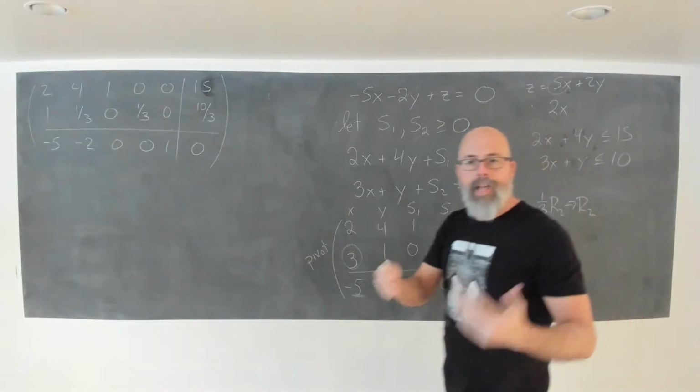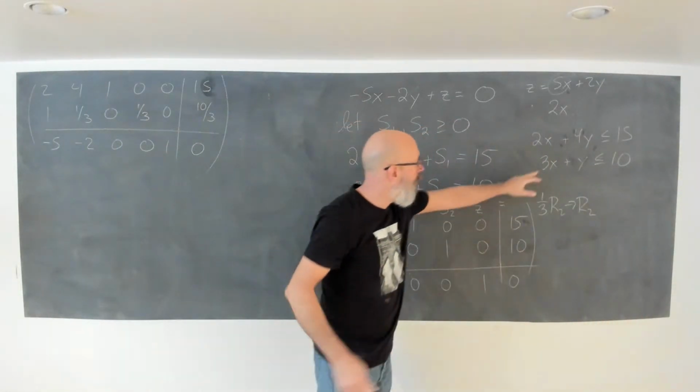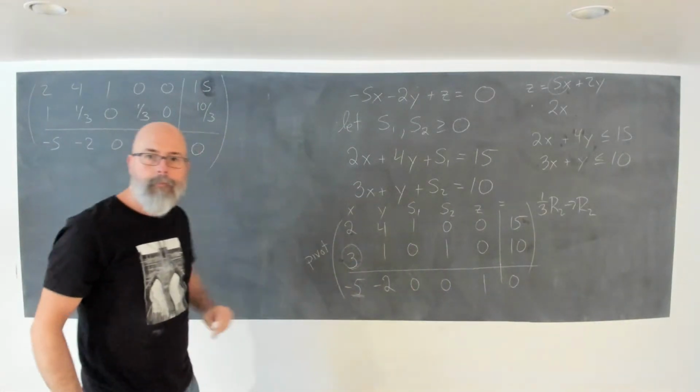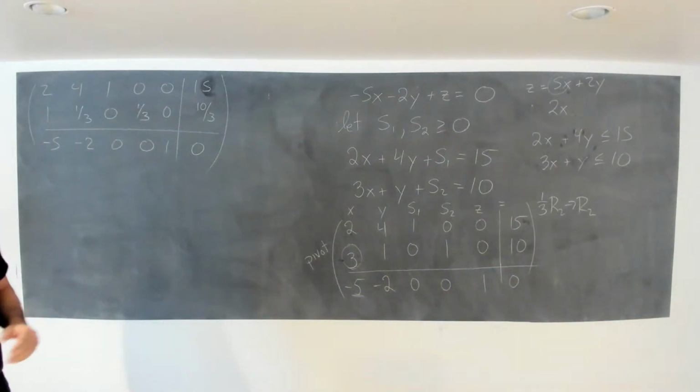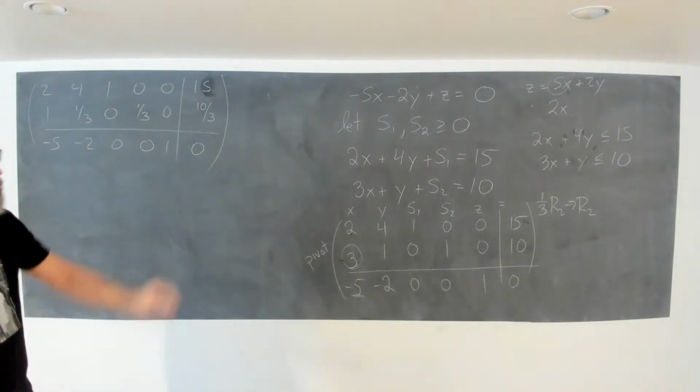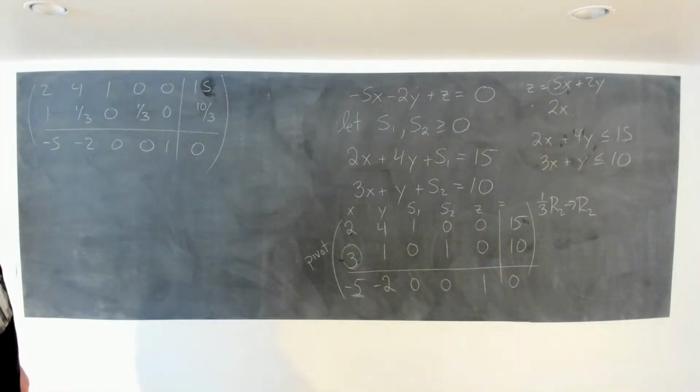So x has to be less than 3.33. We focus in on that, the smallest quotient. Right? Because you need x to satisfy both inequalities. So it's that second one which governs everything.